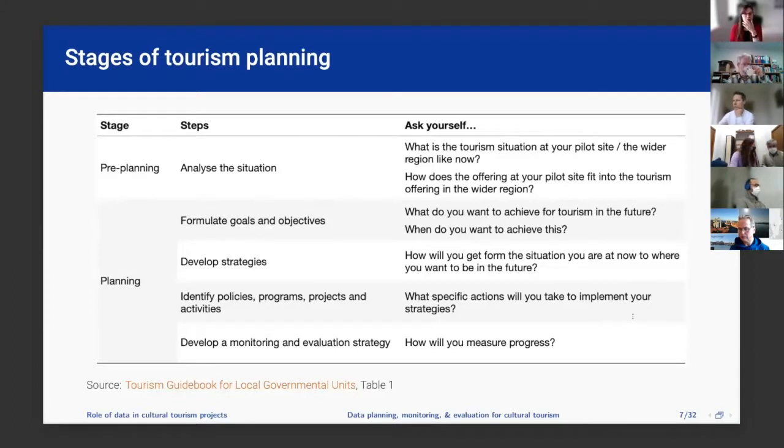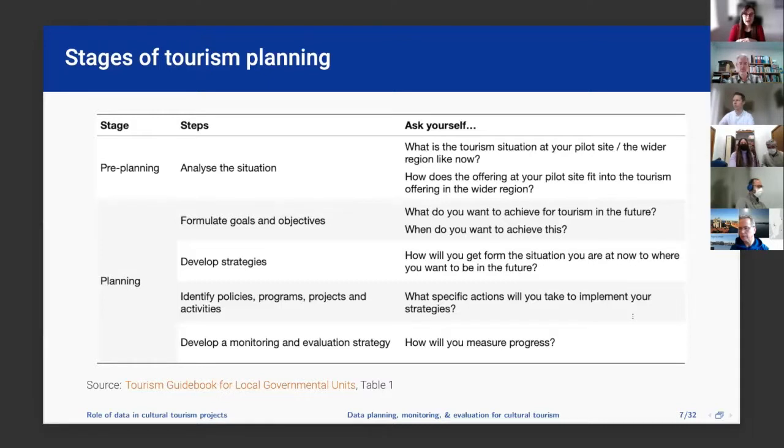And then the planning stage is where we talk about what was really discussed in the last section: understanding what our goals and objectives are, what we want to achieve, when we want to achieve it, developing our strategies or actions, which is how we get from the situation we're at now to the situation we want to be in the future, and then identifying policies, programs, projects, activities, specific actions that we can implement to achieve what we want.